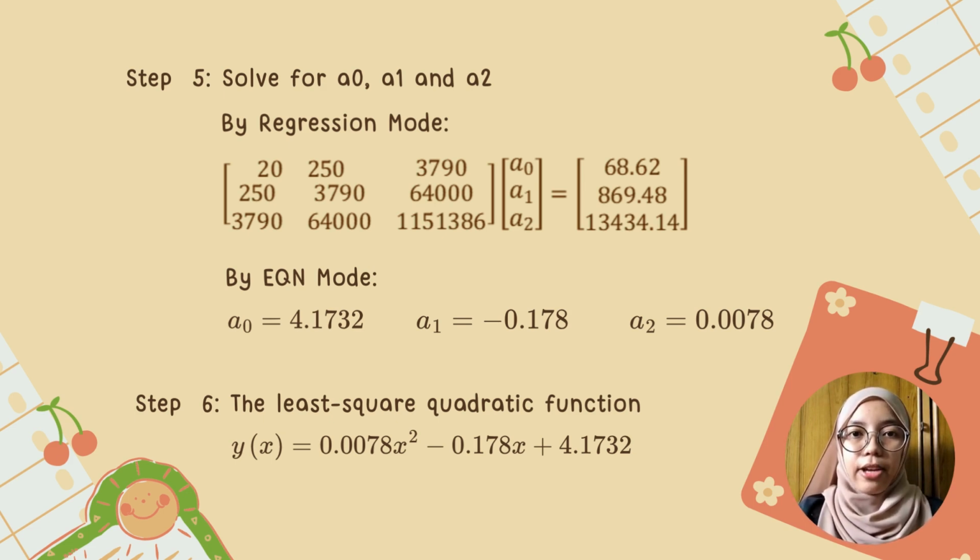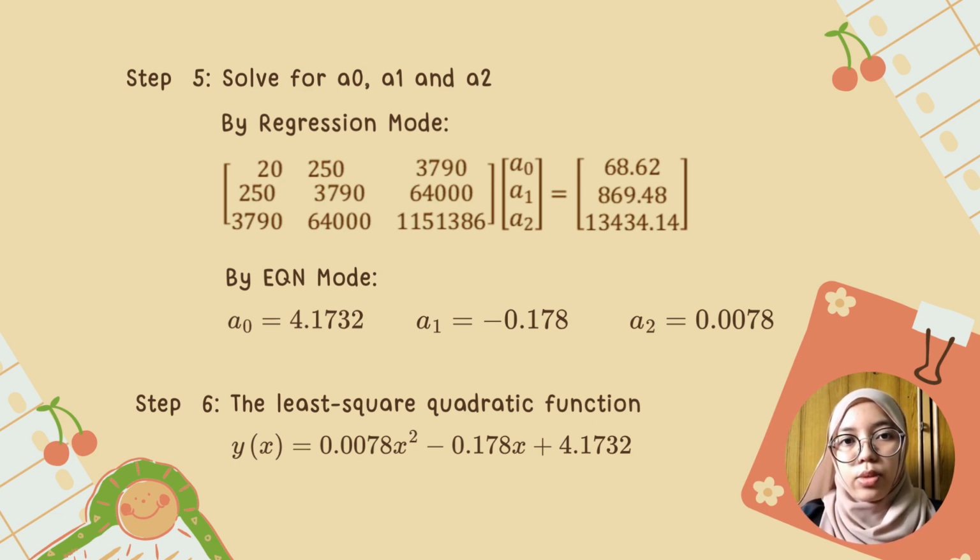Next, step 5. We solve for a0, a1 and a2 by regression mode. We substitute the values we got earlier into the matrix equation. Then, by equation mode, we get a0 equal to 4.1732, a1 equal to negative 0.178, and a2 equal to 0.0078.